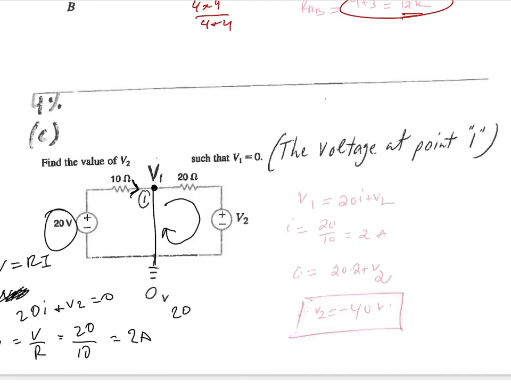And so we can say that, plugging it in here, 20 times 2 plus V2 is equal to 0. V2 is equal to negative 40 volts.